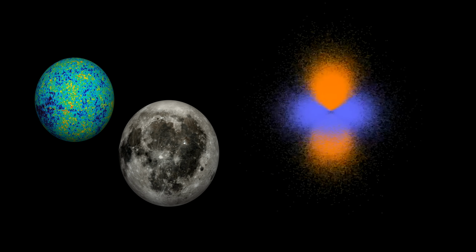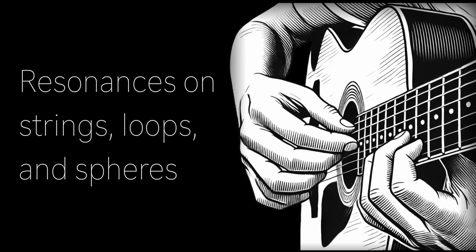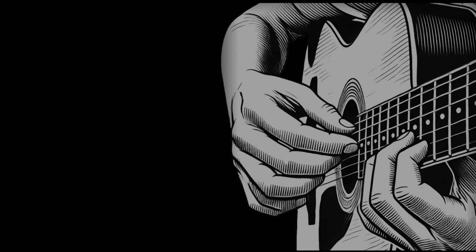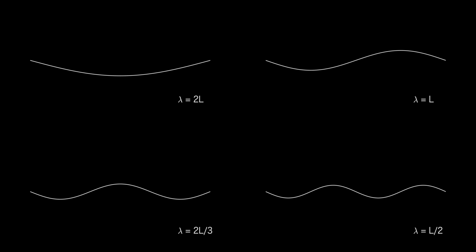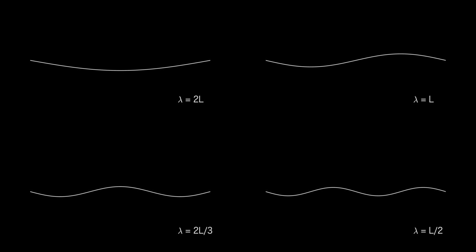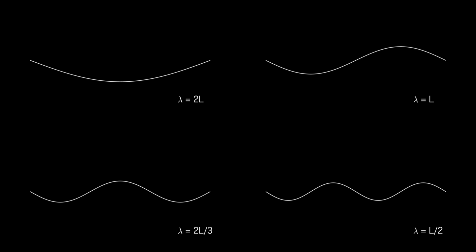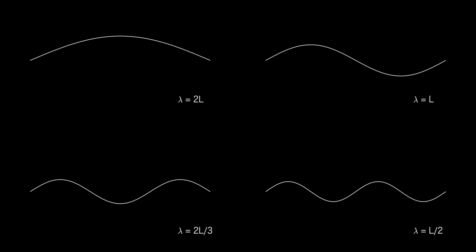But in order to understand spherical harmonics more quantitatively, let's first take a dimensional step back and start with vibrations on a one-dimensional string. A plucked guitar string causes the body of the guitar to vibrate at integer multiples of the lowest frequency, which is defined by a wavelength that is twice the length of that vibrating string.